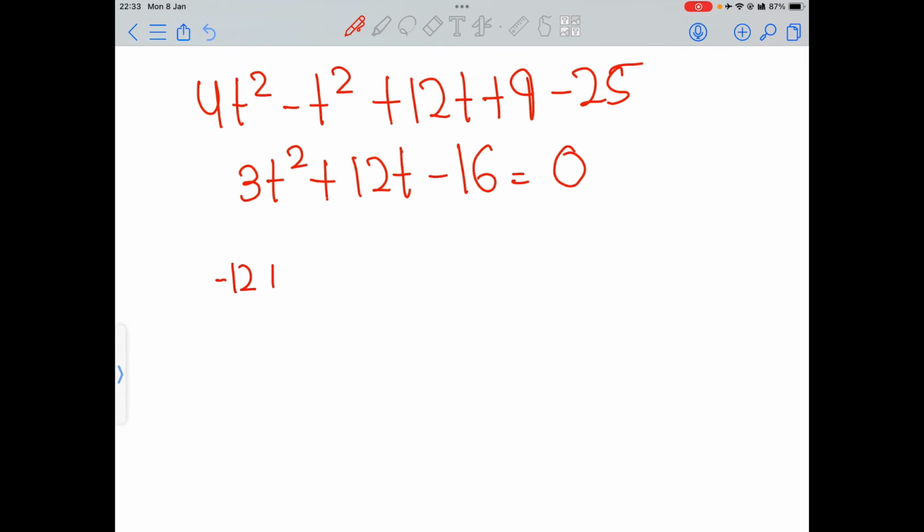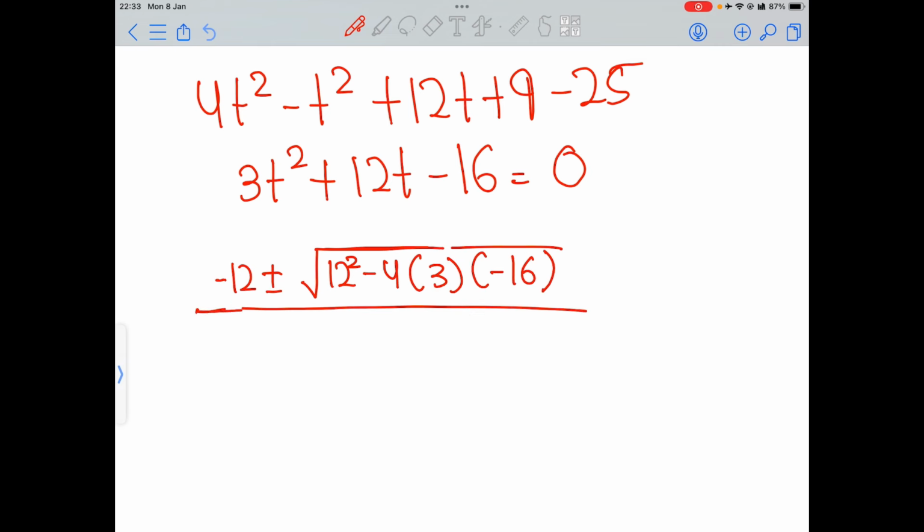Negative 12 plus or minus the square root of 12 squared minus 4ac, divided by 2a, 2 times 3. Now I'll get two values for this.